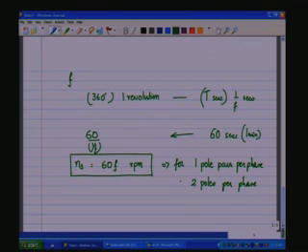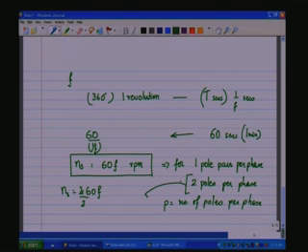So if we use this notation, that is, instead of saying poles, we say pole pair, then it is 60 F by pole pair. If it is two poles, then let us say P is the number of poles per phase. Then NS will be 60 into F into 2 by 2.